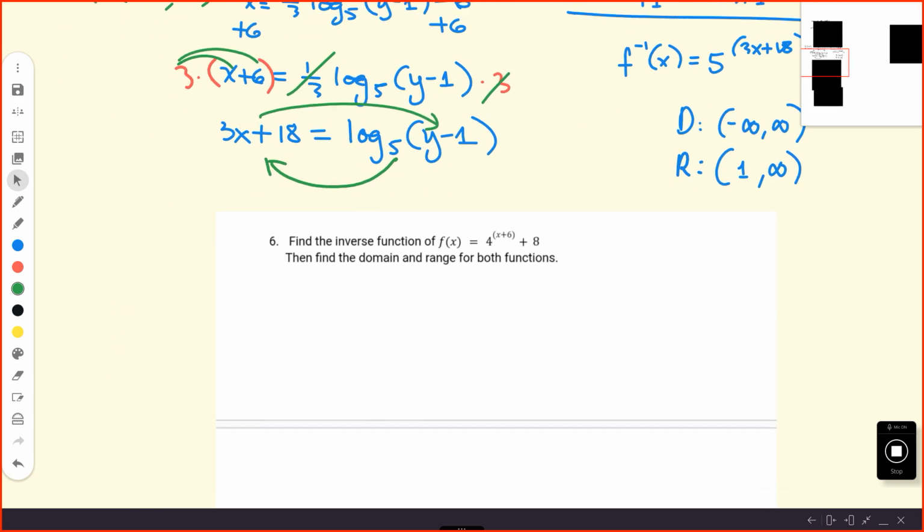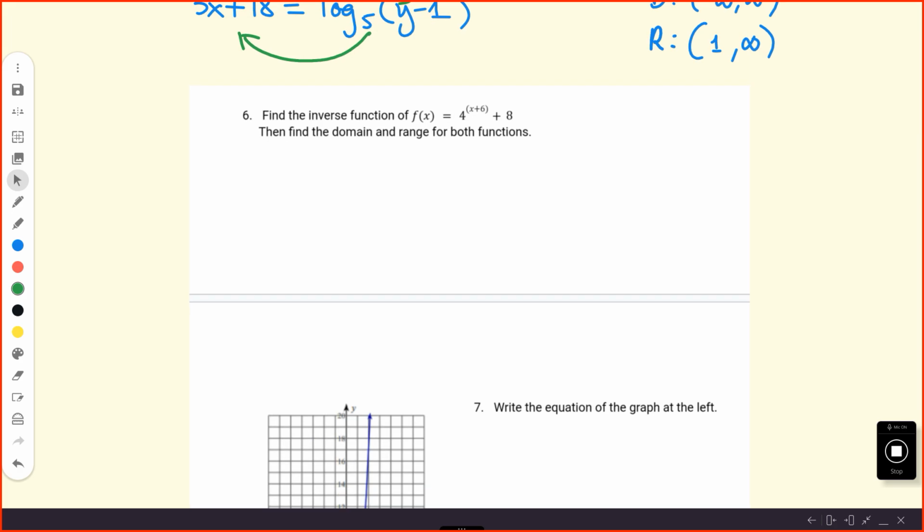Okay? Now, since you're given the exponential function, we can now directly determine the domain and range from the given function. So I can just write domain and range first before solving for the inverse. What is the domain again of the exponential? All real numbers. Since the domain of the exponential is all real numbers, therefore the range of the log will be all real numbers as well.